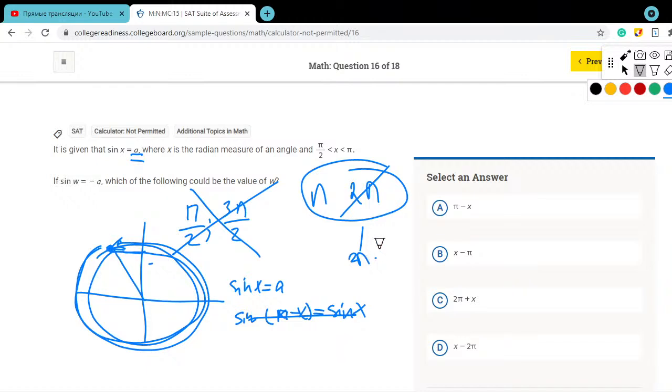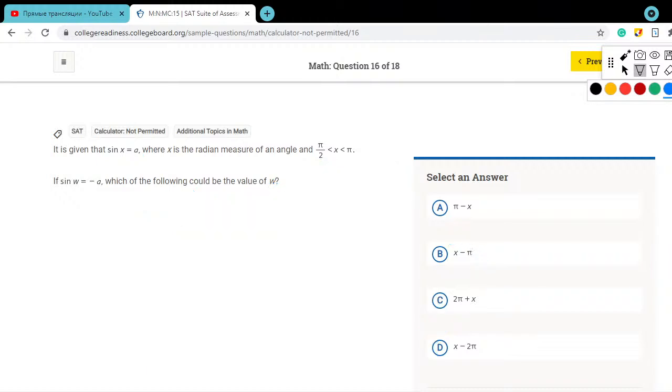And here we get that the answer is probably between these ones, because it's not 2pi as we said. But which one is it? So delete this one for a moment.